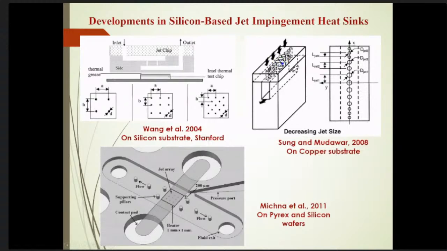While changing the jet diameter, you can either make it uniform, or you can change it in the direction of the flow, either increasing or decreasing in the direction of the flow. So that combination is sought, to find the best combination and the best diameter. These were the things that needed to be optimized. They did it, and successfully they could minimize the temperature gradient.